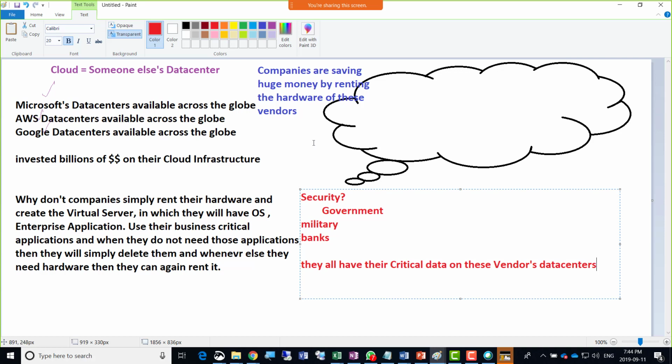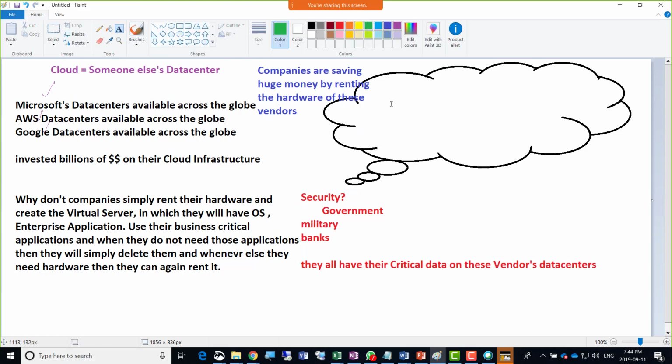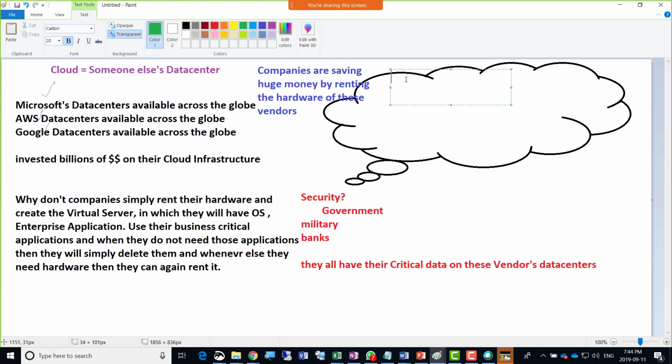Second thing, the data centers are safe. Third thing, Microsoft, AWS, Google's data centers, these cloud vendors offer high availability of client data. Clients, who are clients? Us, or the companies, banks, and all the insurance companies, hospitals.